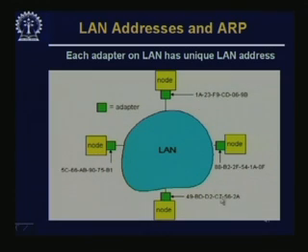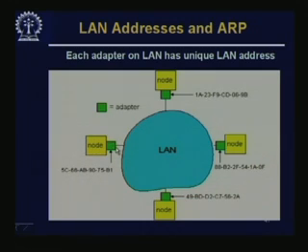If you look at these figures, say 1A 23 F9 CD 06 9B and 88 B2 2F, they do not have any relationship with each other, they are just 6 arbitrary bytes. So this card may have come from some manufacturer, this card may have come from some other manufacturer, they got entirely different blocks from IEEE, so they got entirely different addresses which have no relationship with each other, but they are all sharing this LAN.